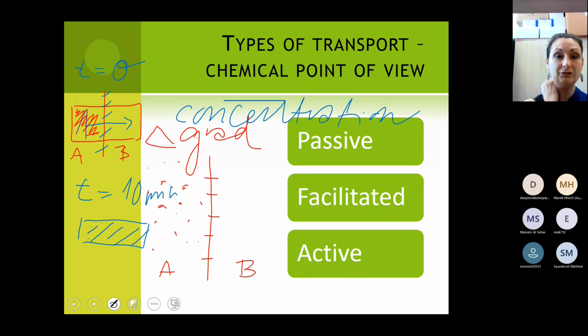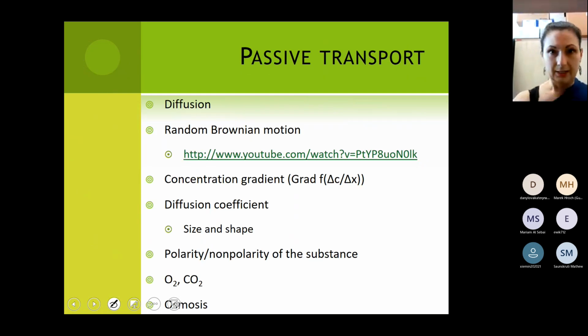For active transport, I need some energy, and also the transport goes against the concentration gradient, in this opposite way, like drawing this with purple color. Is it clear? Yes. Okay. So you will check it by the test, sure.